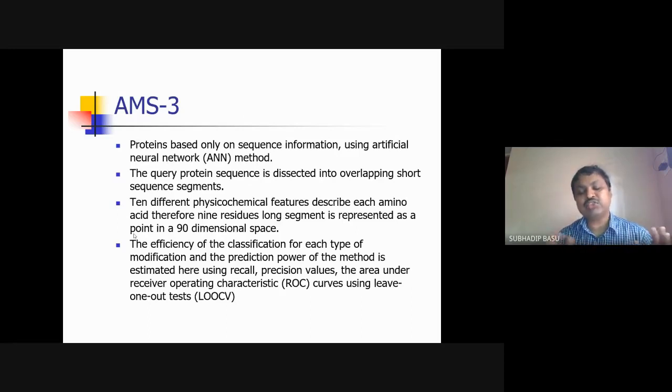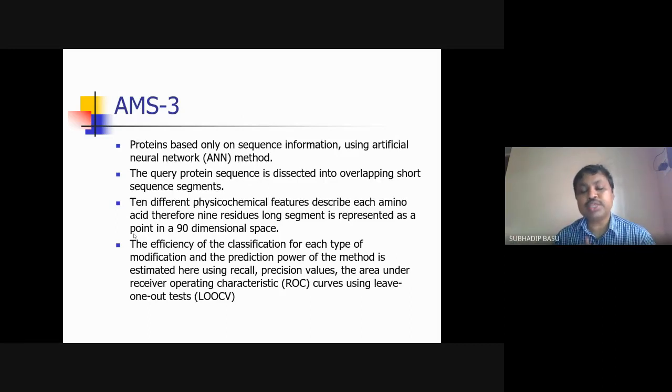Here the fragments were 9 amino acids long: a central residue with 4 amino acids on the left and 4 on the right. You have to predict the central residue, checking all 9 residues.